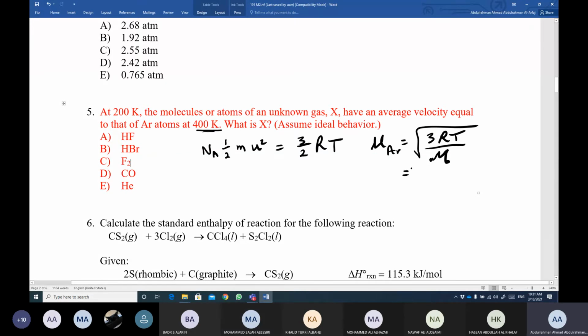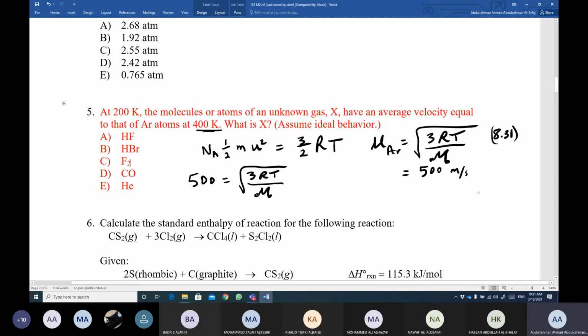What's the speed of argon? Of course, which R are we going to use? 8.3, it will be 500 meter per second. Okay. Since the unknown gas has the same speed, this means 500 meter per second is equal to 3RT divided by molar mass.